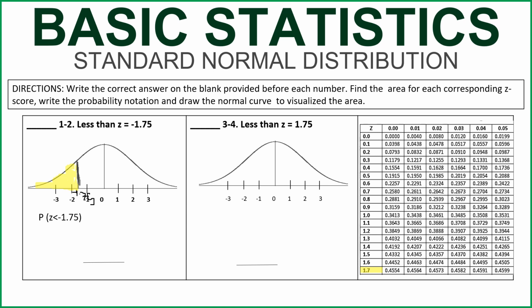The z table presented is cropped, but it goes up to 3.09, so that you can see it clearly. And locate the third digit of 1.75, and that is 0.05. This is 0.05, and you get the intersection. So therefore, the area is what?